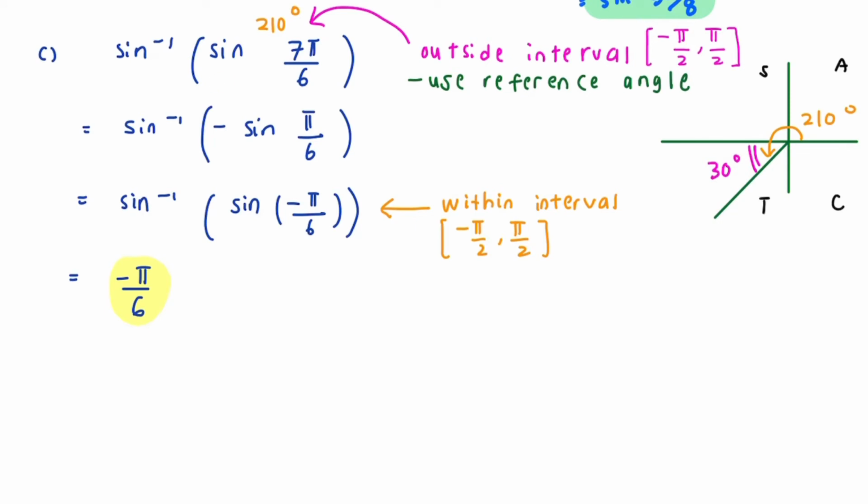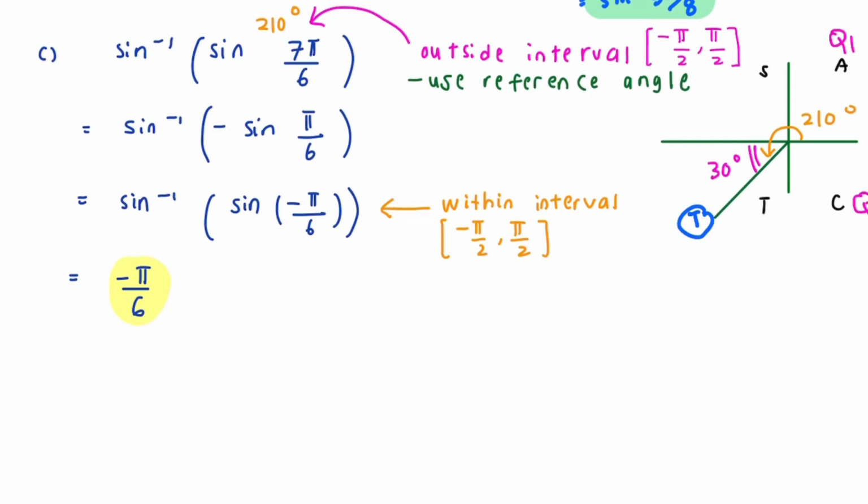Inverse sine composed with sine 7 pi over 6. 7 pi over 6 is actually 210 degrees, so this is in the third quadrant. Third quadrant, this is the house for tangent. So be careful. We need to adjust this value here, to make it fall into quadrant 1 or quadrant 4.